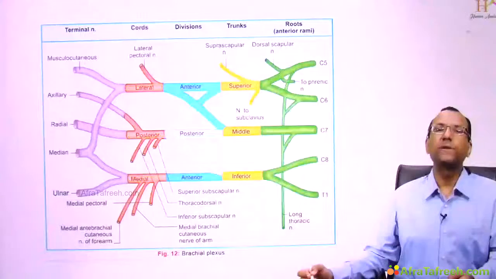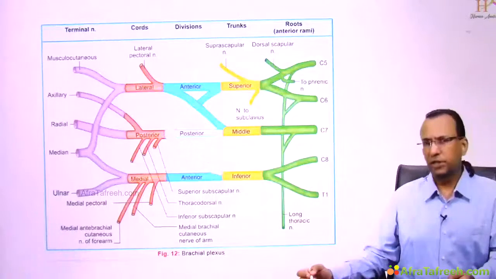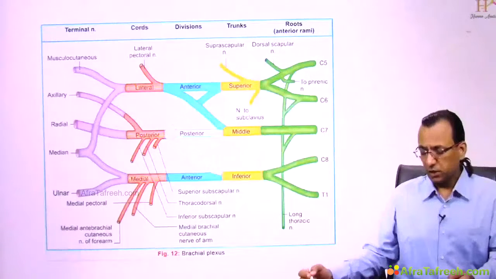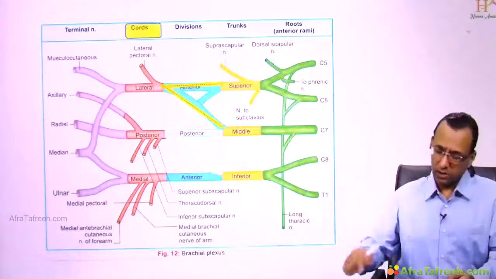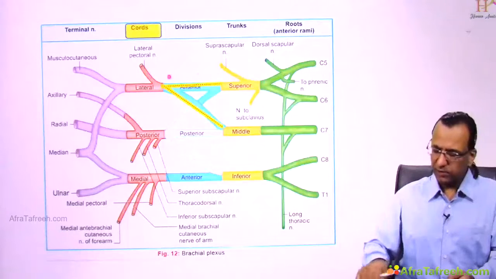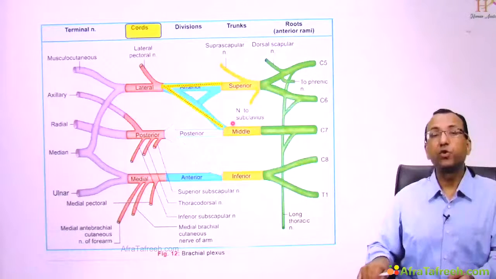There are 3 cords of brachial plexus in the axilla. How is the lateral cord formed? It is the anterior division of the upper trunk and middle trunk joining.